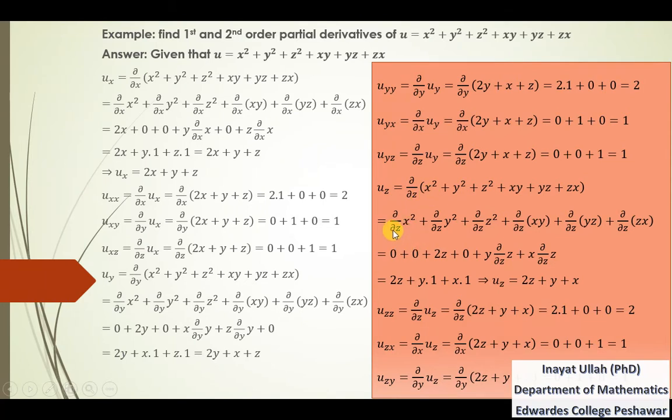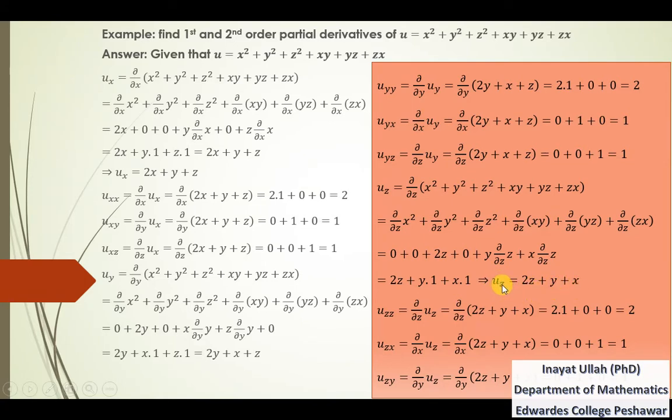The derivatives of x square and y square are 0, the derivative of z square is 2z, and for the product terms, y is kept constant with z, x is kept constant with z, so we get 2z, y into 1, x into 1. So that is uz. The partial derivative of u with respect to z is 2z plus y plus x.